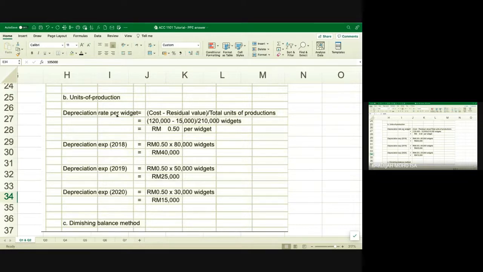You know that the cost minus residual value, which is 120,000 minus 15,000, over 210,000 total widgets, gives you 50 cents per widget. That 50 cents for 2019, not 2018, is 50 cents times 80,000 widgets, and you get 40,000.